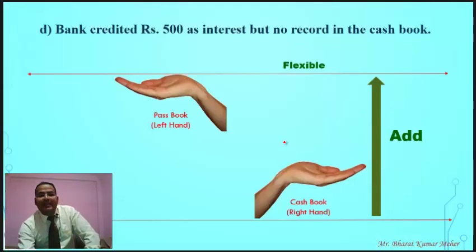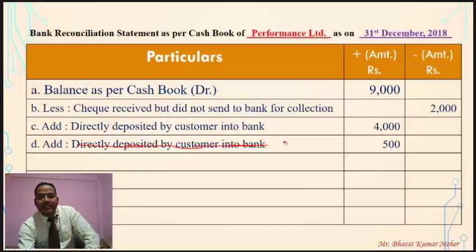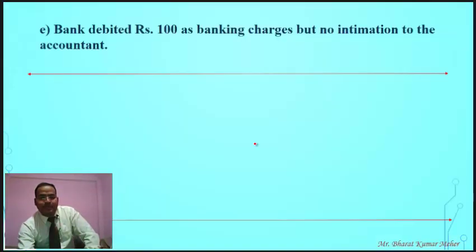The question was that bank credited. So you should write credited interest by the bank. Credited interest by the bank. That much is only sufficient to write. Rupees 500. This one is a little bit mistake. Please rectify it. Next.